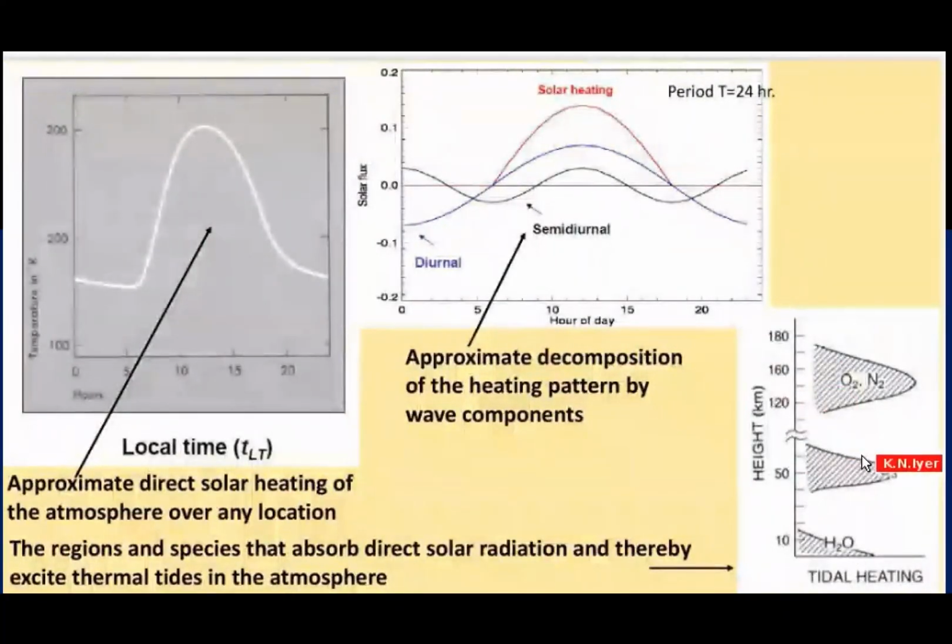Then similarly, we know in the stratosphere there is ozone which absorbs UV radiation, harmful UV radiation, and that leads to heating there. And in the higher heights, in the thermosphere and the ionosphere, after the photoionization process, there is a lot of energy left with the incoming photon, and this energy is used for heating up that region. So various agencies are heating up various parts of the atmosphere.